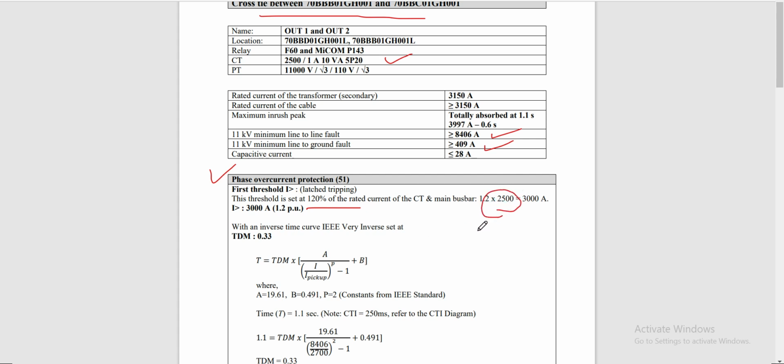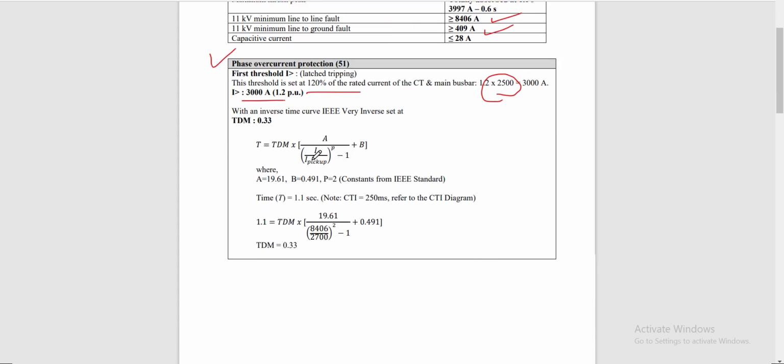Multiplied by 1.2, our current pickup setting here is 3000 ampere, or 1.2 per unit. Our time dial multiplier here is set at 0.33. Our inverse time curve for our 51 relay is IEEE very inverse.